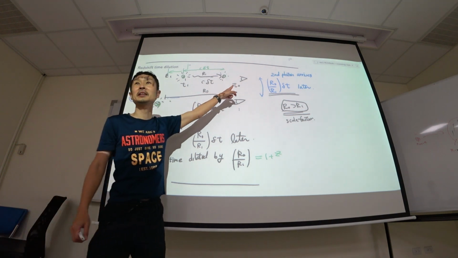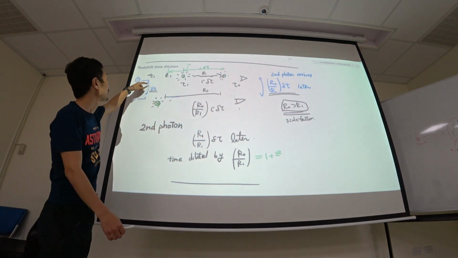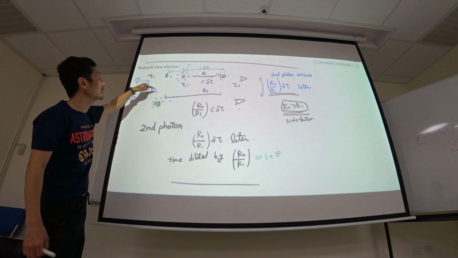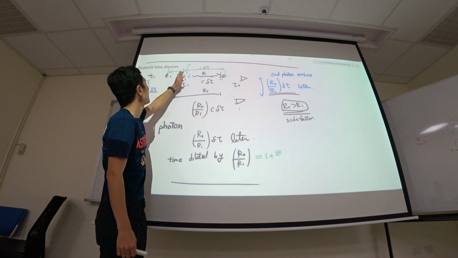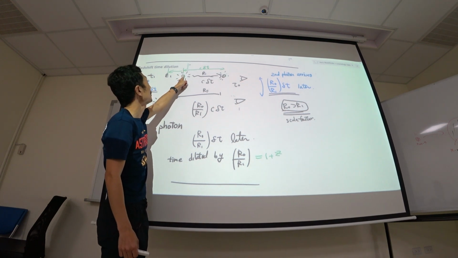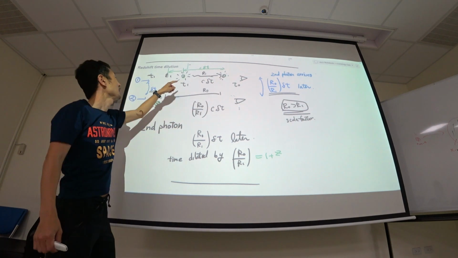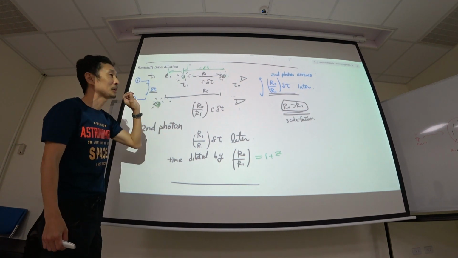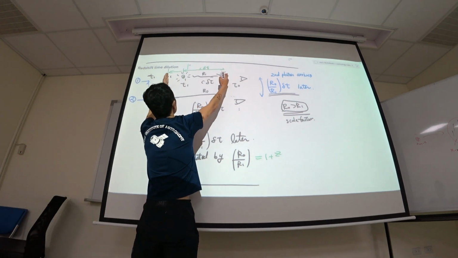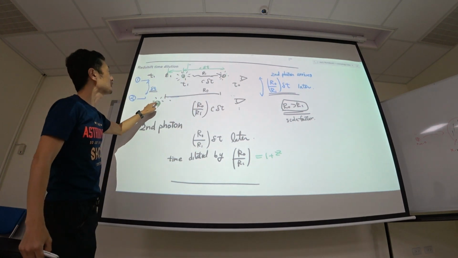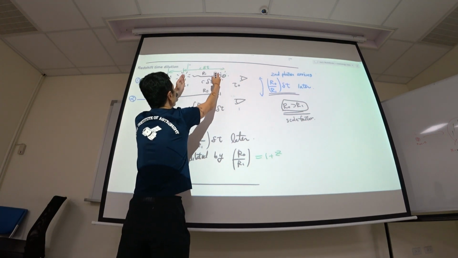But it's not 1 second for us on the receiving end, because during this delta t the universe is expanding. When the alien emitted the first light, it only needed to travel this r1 distance. But by the time it emits the second photon 1 second later, the universe has expanded a little bit.